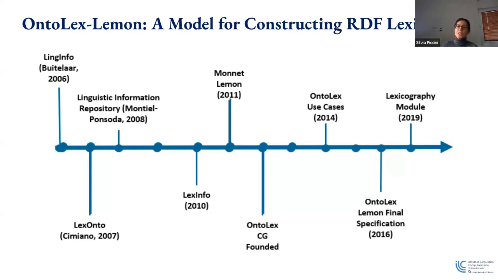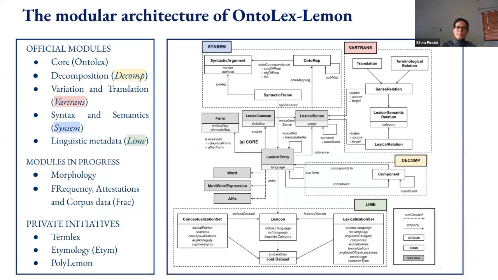And after, in 2019, another module was built. As we will see, the architecture of OntoLex-Lemon is based on different modules. And in 2019, we have the last module, the lexicographic module.